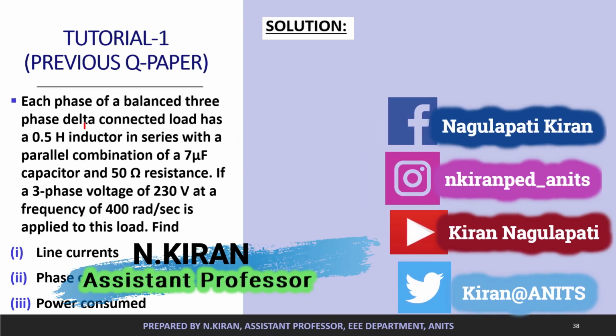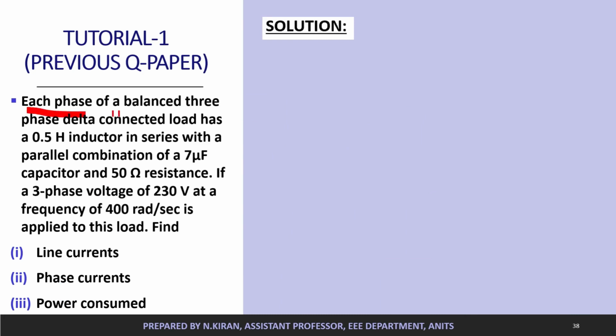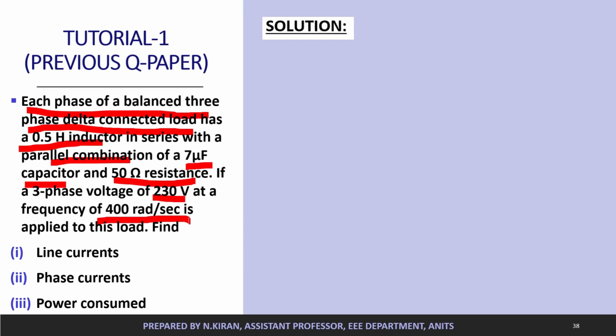The first sum is given that each phase of a balanced three-phase system delta connection load has 0.5 Henry inductor in series with a parallel combination of 7 microfarad capacitor and 50 ohm resistor. If the line voltage is 230 at a frequency of 400 radians per second, it has asked us to find line currents, phase currents and power consumption.